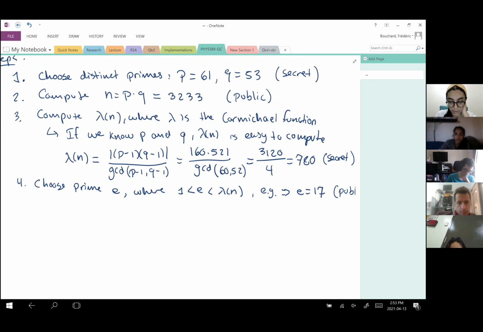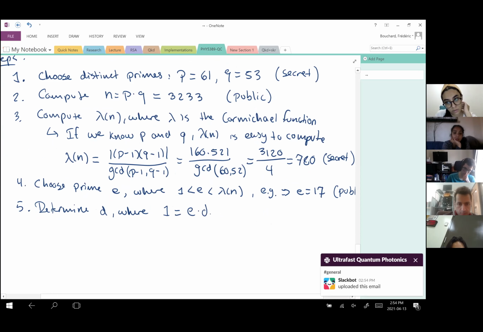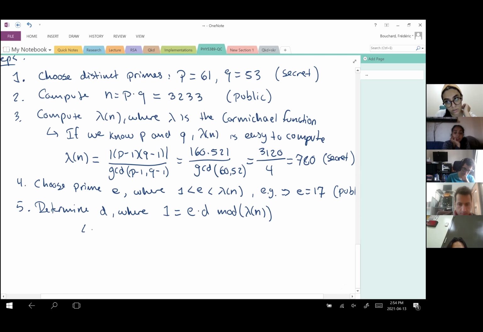And then finally, you determine d, where d is in this equation here, mod lambda. Okay, so here you should be able to see that d is equal to 413. This is secret.